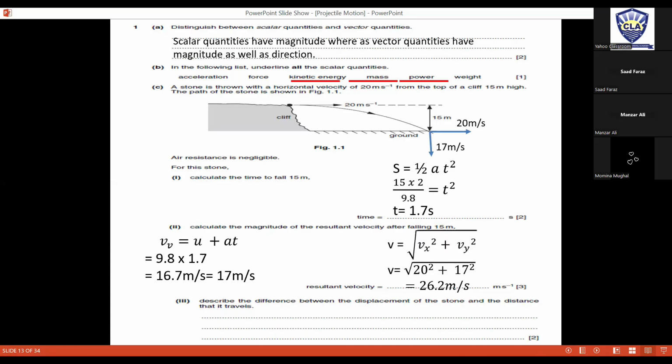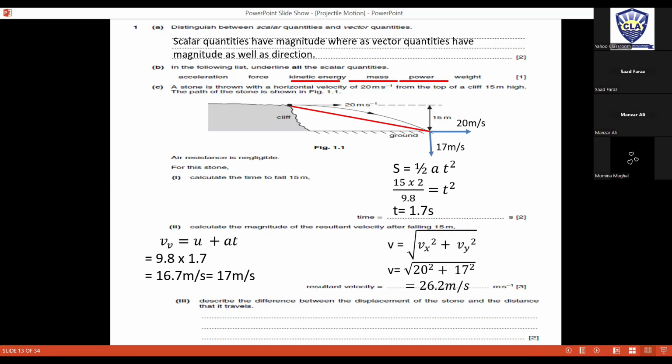Describe the difference between the displacement of the stone and the distance that it travels. Now note, the actual curve shown here, this is the actual distance it has traveled. When we talk about displacement, it is the shortest distance. This will be your displacement represented by the red line.